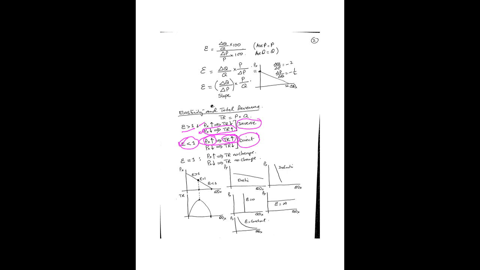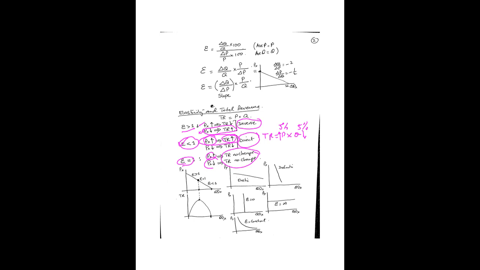This is basically, so total revenue is price times quantity. If you increase price, let's say by 5%, then quantity demanded will decrease by 5%. Same. That is the meaning of unit elasticity equal to 1.